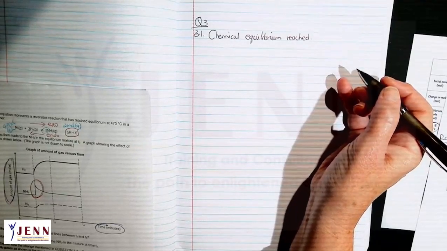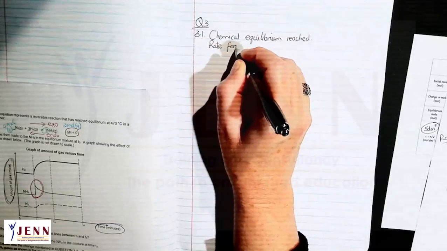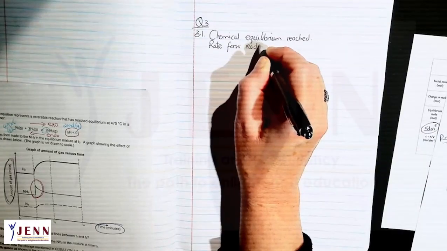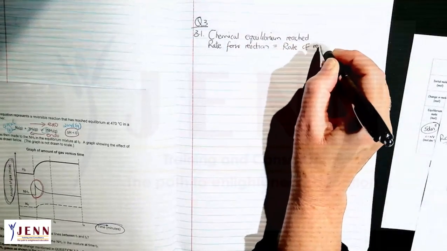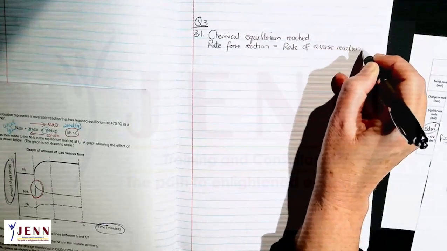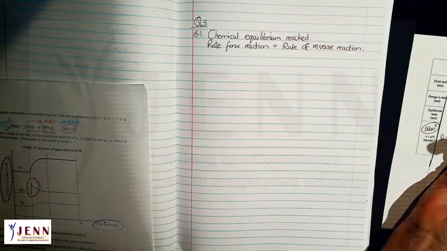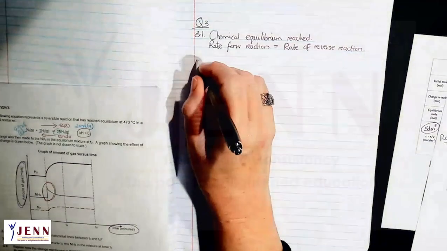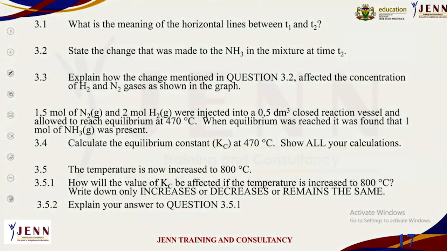Or if they tell you you must write something about the rates, then you can say the rate of my forward reaction equals the rate of the reverse reaction. Just make sure how the question is asked, but in this case you can just say chemical equilibrium was reached. State the change that was made to NH3 in the mixture at time 3.